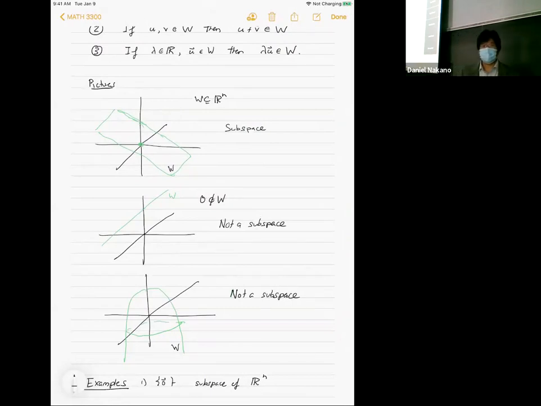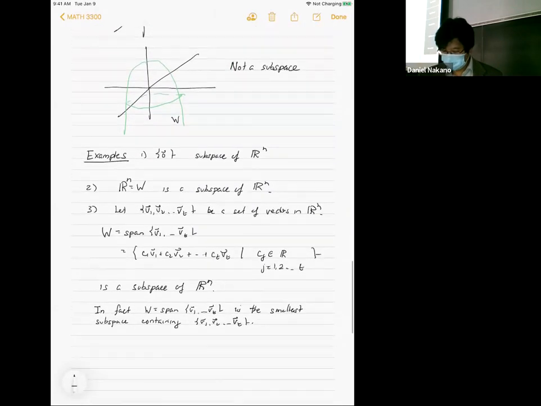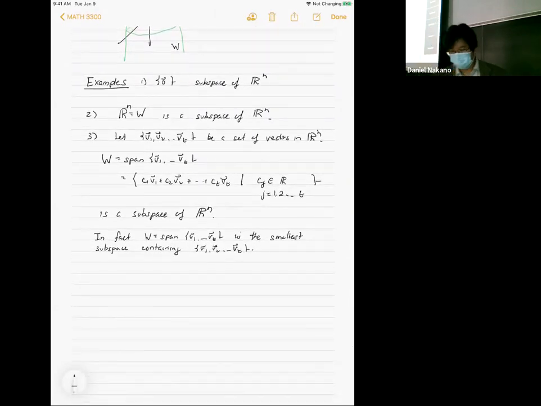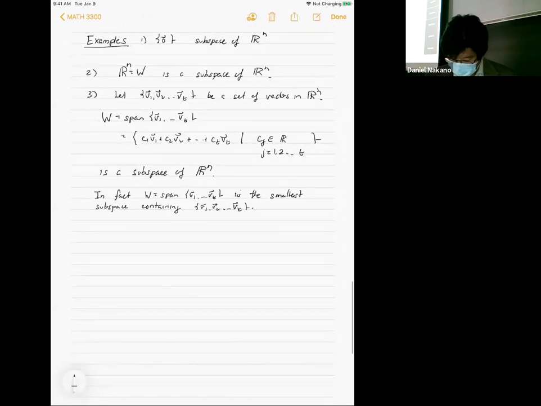Okay, so that's the way you should view subspaces. So first of all, since we can express a subspace as a span of something, then what we want to do is make a definition to see what the size of this subspace is. Okay, so I need to introduce the concept of a basis.